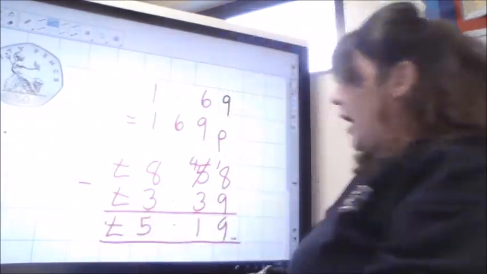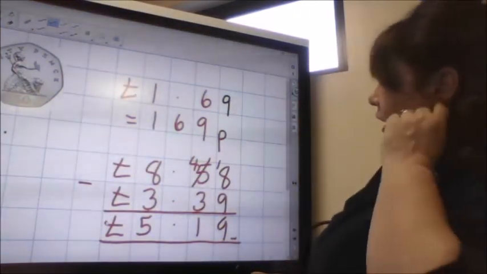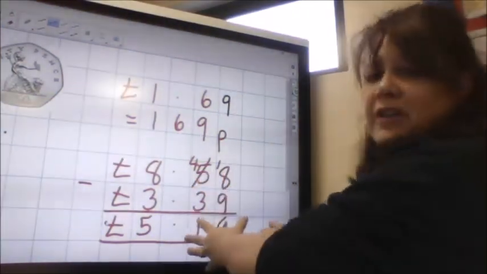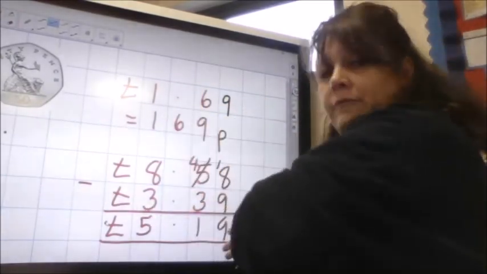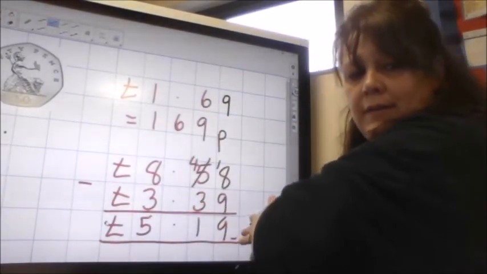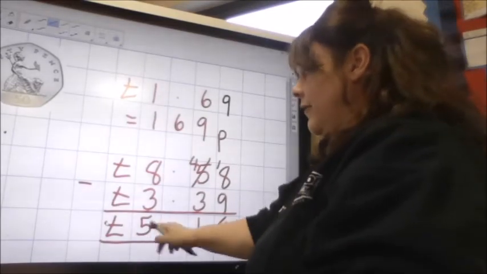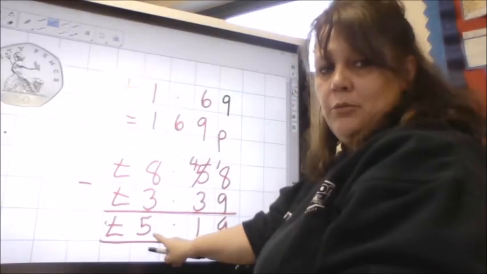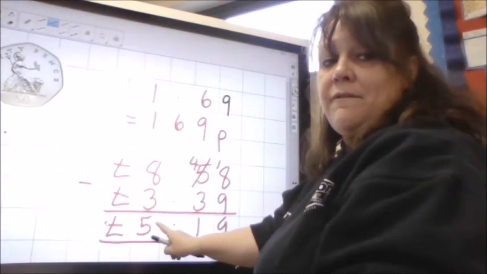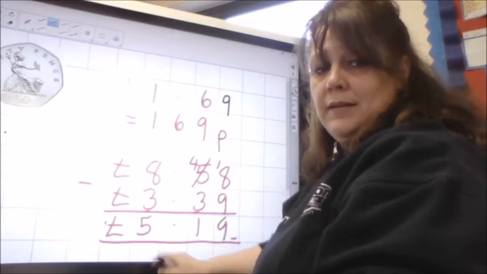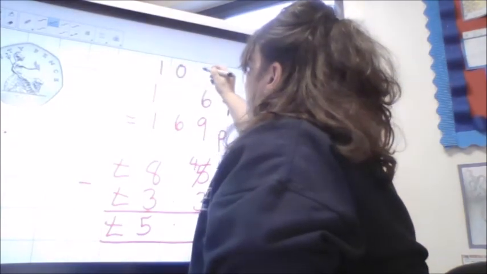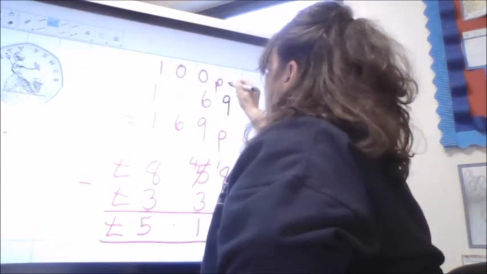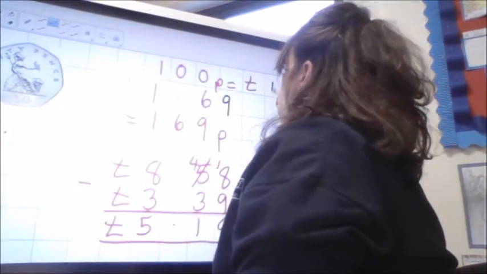Okay, so that you can see. So I've got it written in pounds there, but just like up here, I've got to convert my answer to pence. So £5 is the same as 500 pence. 100 pence equals £1.